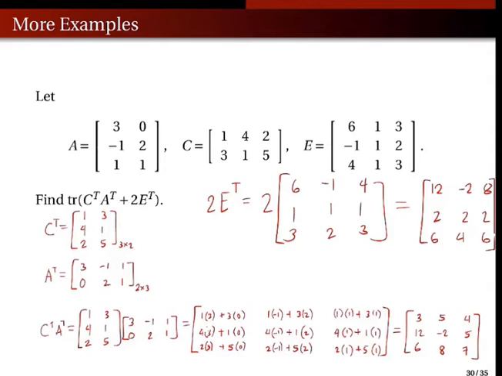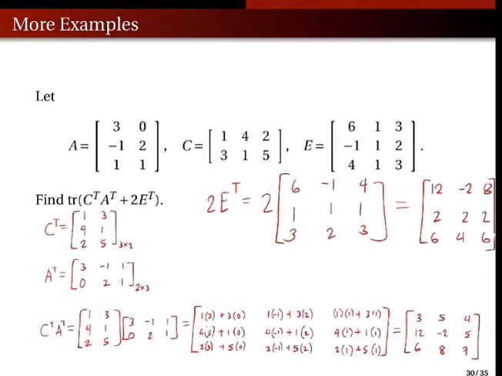So those are just your main diagonals, the entries in the main diagonal, I mean. And then they skip this part here. Similarly for this, they can easily see that for 2E transpose, the main diagonal will just be this part here.